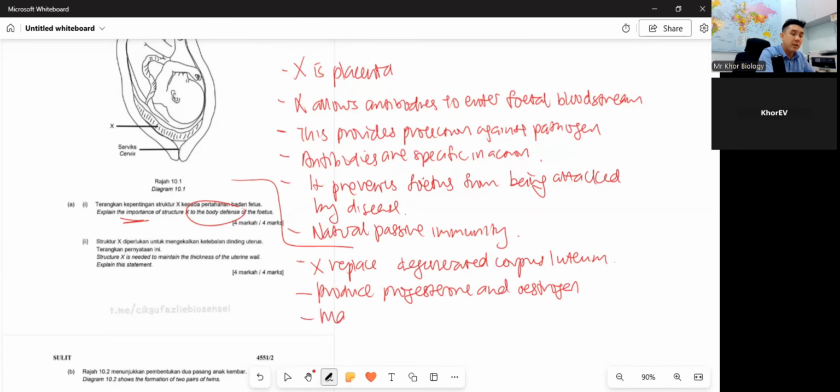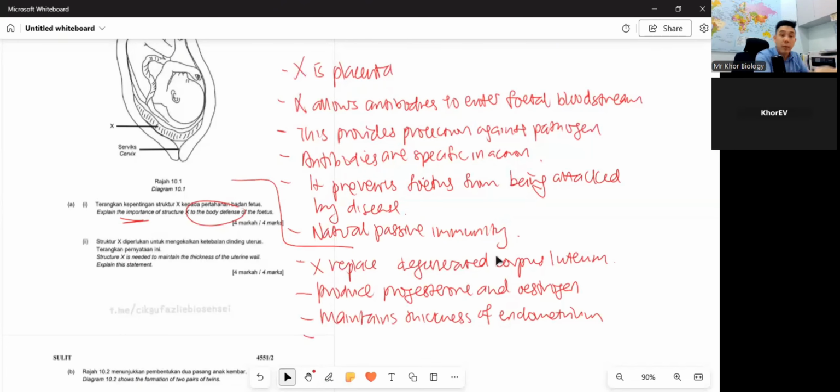This maintains the thickness of the endometrium. We can give one more point.